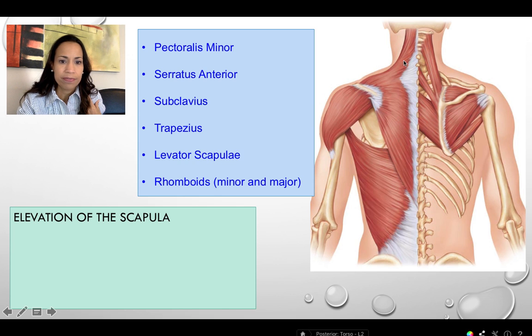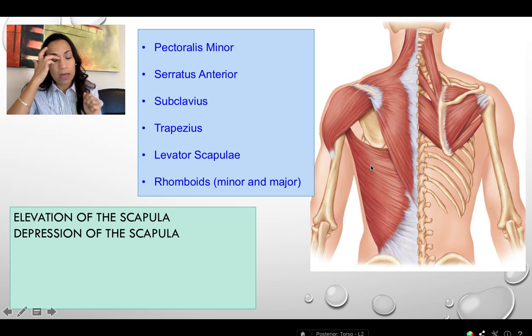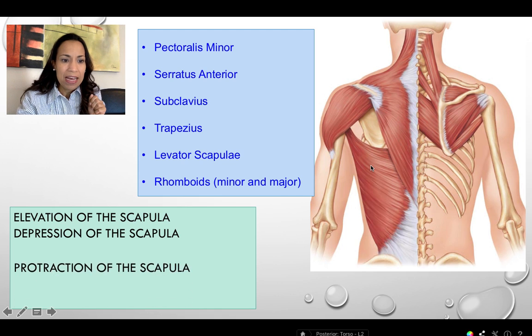Then we have depression of the scapula. And depression of the scapula usually happens by gravity. But if it's against resistance, well, we have the inferior fibers of the trapezius, and the serratus anterior and pectoralis minor help during this movement.